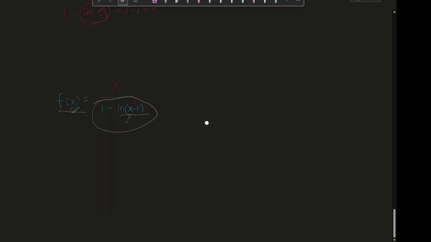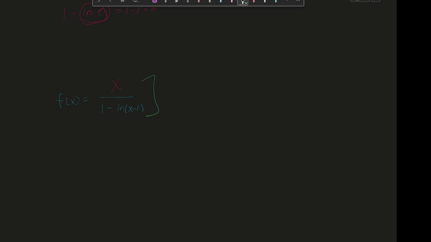There. Okay, so we have the function f of x is equal to x over 1 minus ln of quantity x minus 1. So the reason I say this is going to be a lot of fun is because you have 2 options here.